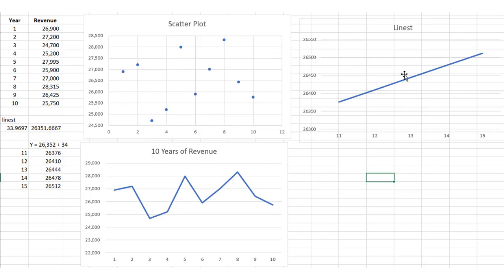Okay, there is least squares. So our regression formula, our fixed cost would be 26,352 plus 34 would be our variable cost. That's the piece we've got. This doesn't look so bad until you go to do it yourself and you're trying to figure out what the projects are and everything.